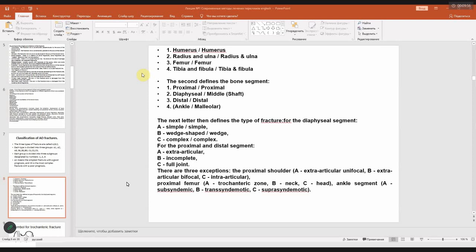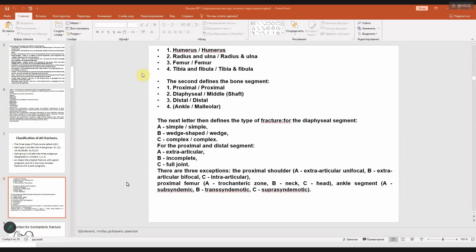The next letter then defines the type of fracture for the diaphysis segment: A, simple, B, wedge-shaped, C, complex. For the proximal and distal segments: A, extra-articular, B, incomplete, C, full joint.